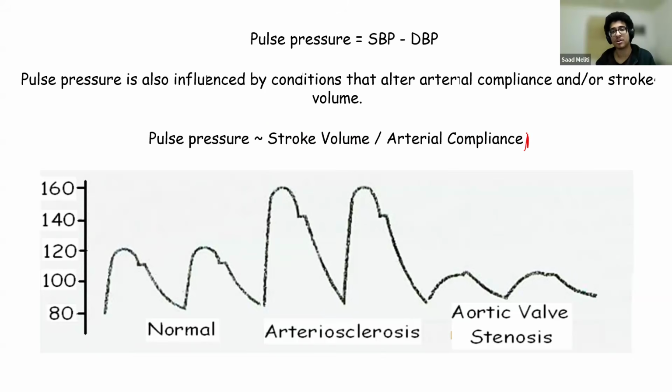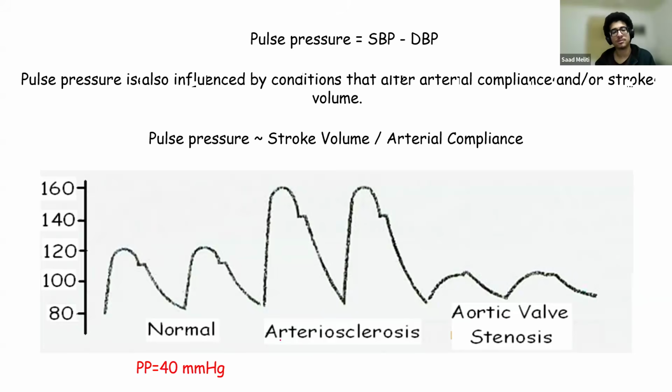If we increase the arterial compliance, the pulse pressure is going to decrease because it's divided by arterial compliance, okay? And we have some examples here. So we have the normal pulse pressure, which is systolic minus diastolic, 120 minus 80. That's simply 40. Simple as that.